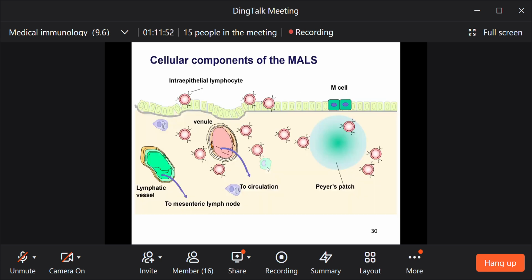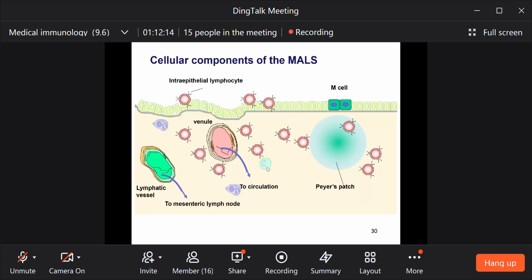Here is the same structure, similar to the continuous. It also consists of lymphatic vessels and the venule.